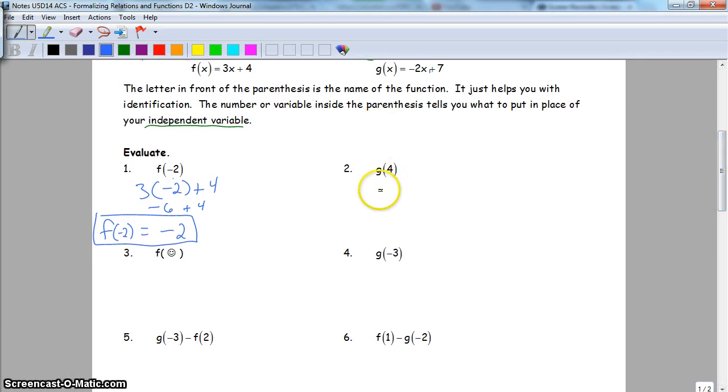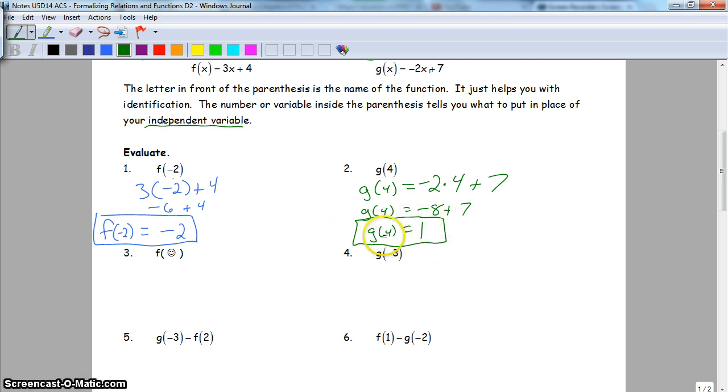Right? Let's go to this one, g of 4. So you go to your g function, and you got g of 4 is negative 2 times 4 plus 7. So this is g of 4 is still negative 8 plus 7. So g of 4 is negative 8 plus 7, which is 1.